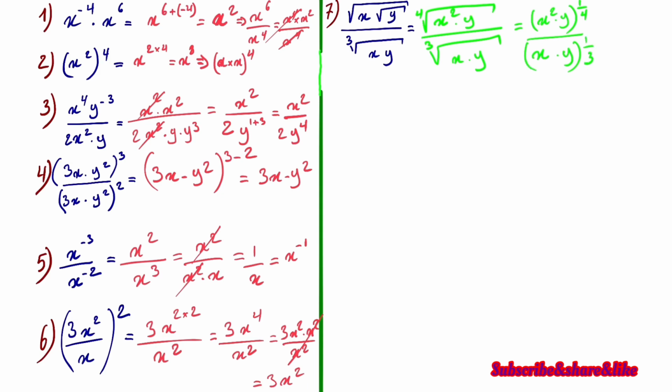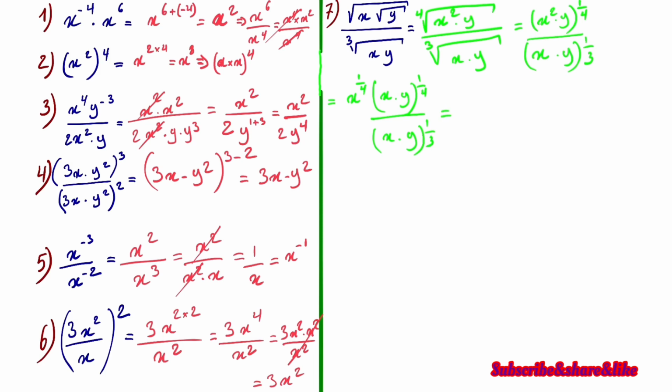What we're going to do is separate 1 x from here and take it outside. So it is going to be just x to 1 over 4, leave it by itself, times x times y to 1 over 4 over x times y to 1 over 3.